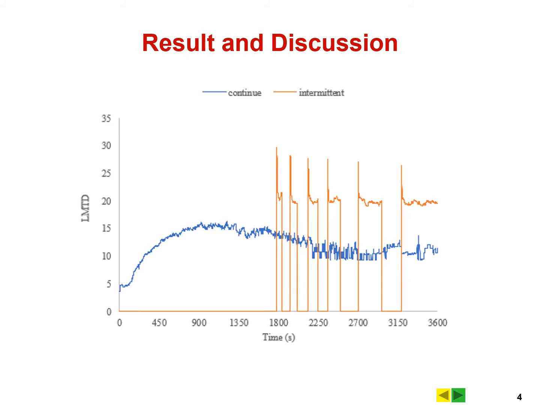For intermittent flow mode, it starts to increase after 1800 seconds, as we can see with the orange line, and then it is fluctuating as the on-off cycle.